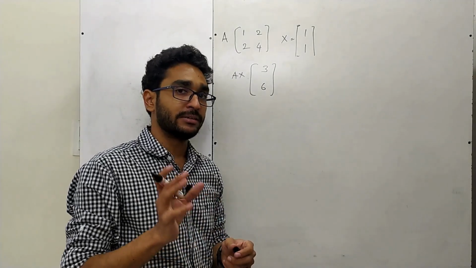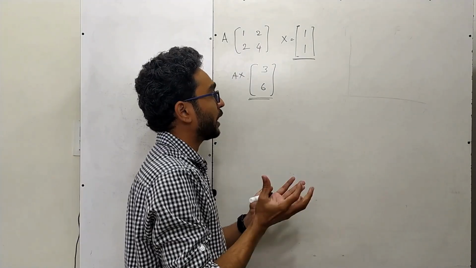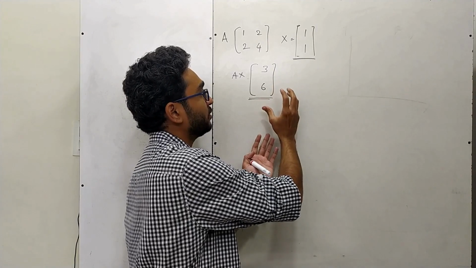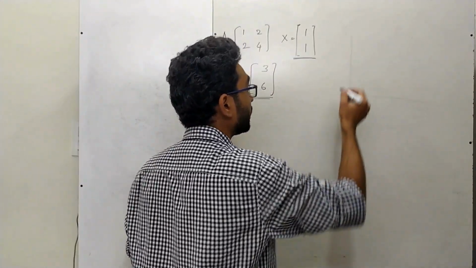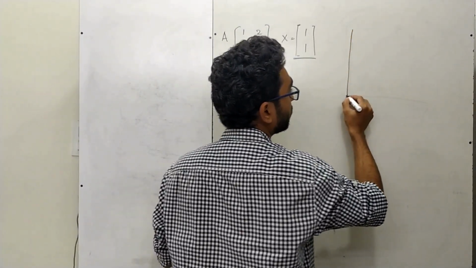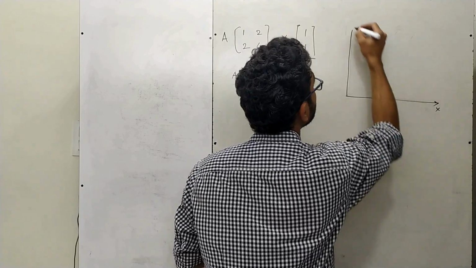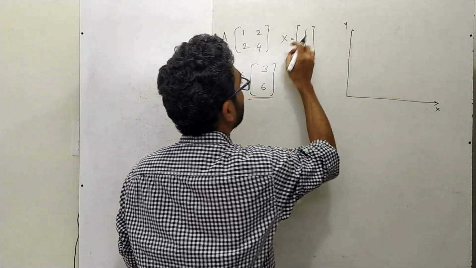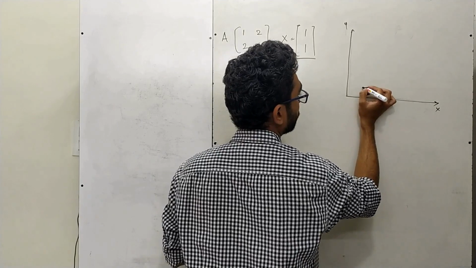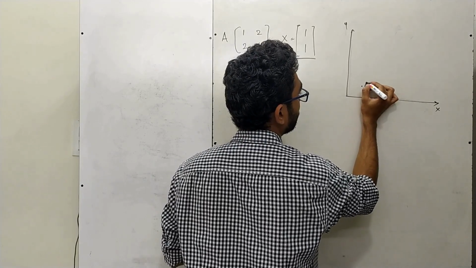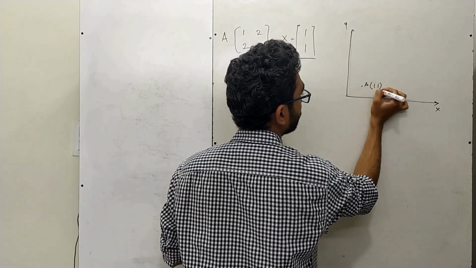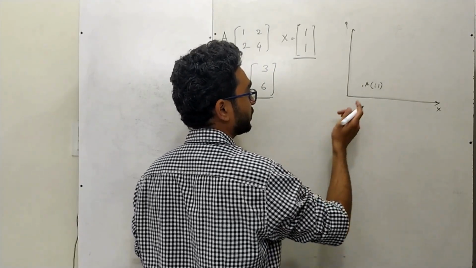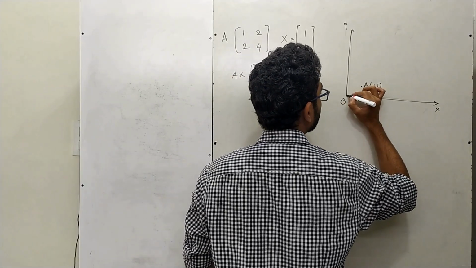And now the interesting part. What I am going to do now is plot this on my xy axis. Say this is your y-axis, this is your x-axis. If I plot this point 1 comma 1, it will be here, say point A, 1 comma 1, and if I draw a position vector from the origin, it will be OA.